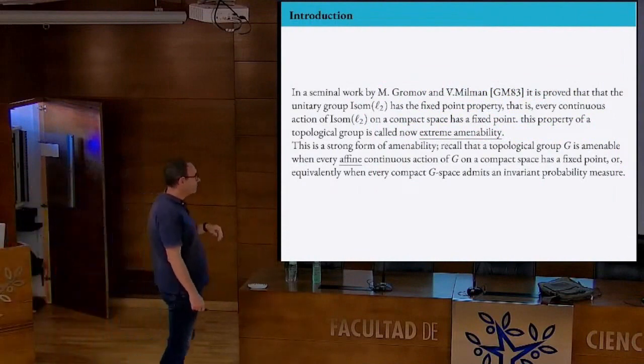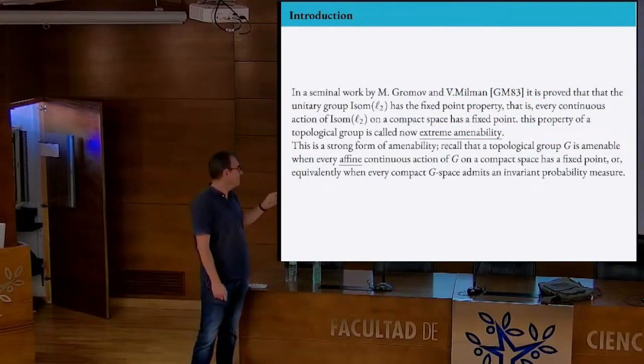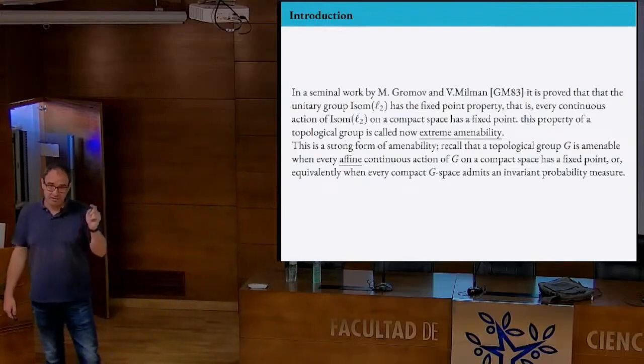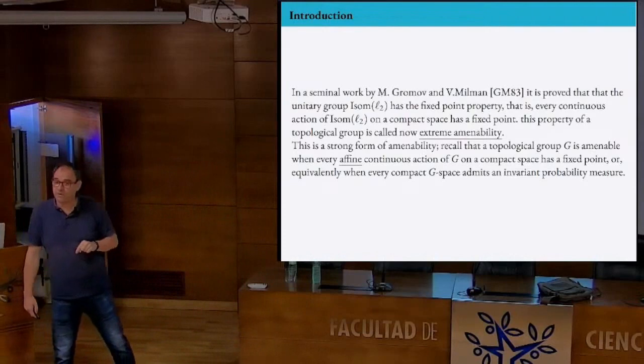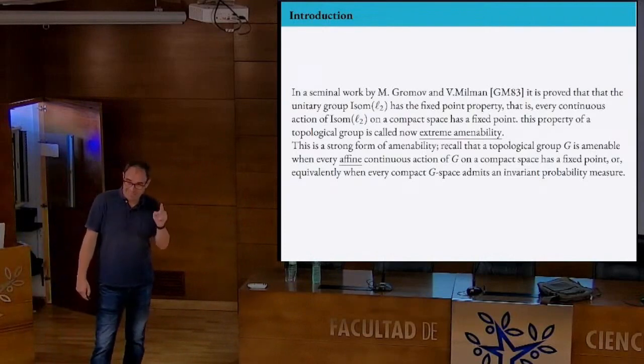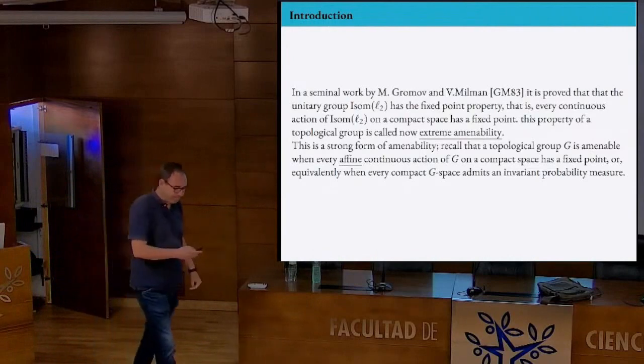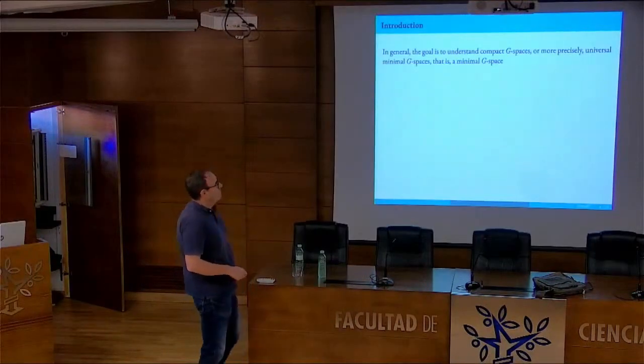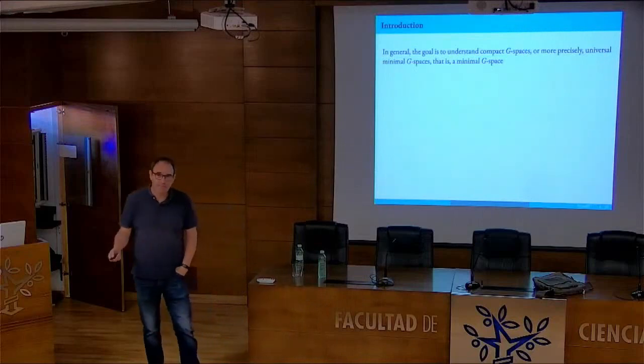One of the equivalent definitions is that every time you have a continuous action of the group on a compact convex set, and the action is affine, then there is a fixed point. Yes?